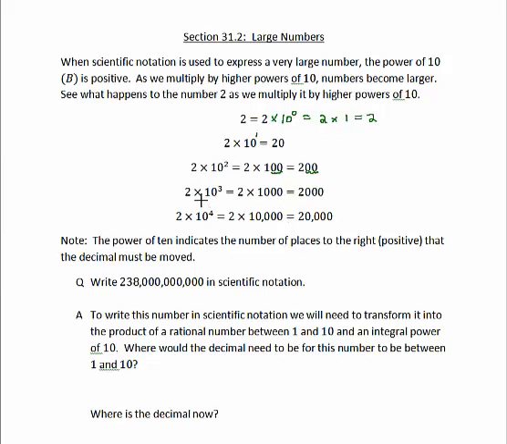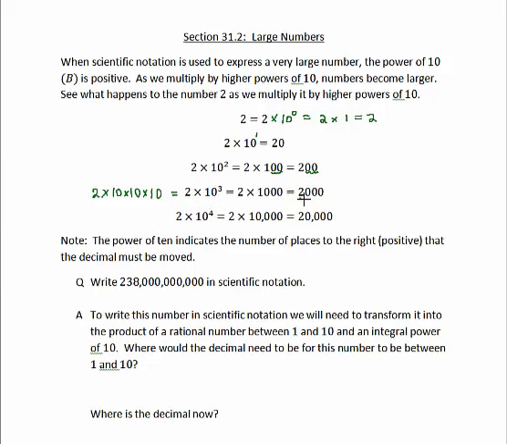Then what if we multiply by an additional 10? Just keep in mind that this is 2 times 3 tens. Every time we multiply by a 10, we have an additional 0 behind the base number. The 2 is our base number. So 2 times 10 times 10 times 10 is the same thing as 2 times 10 to the third. This format here is scientific notation.